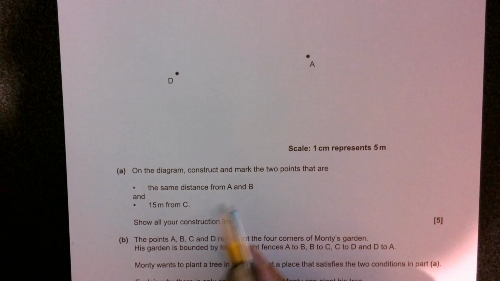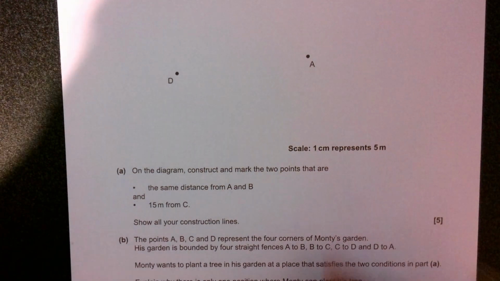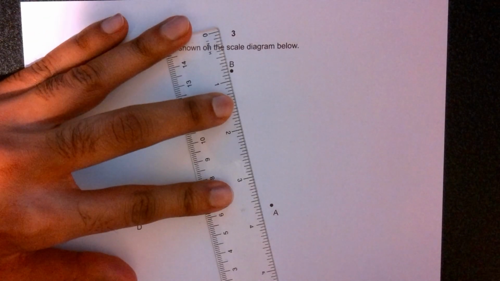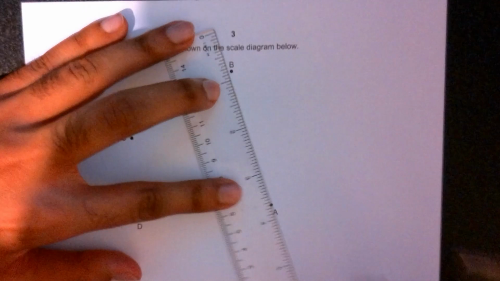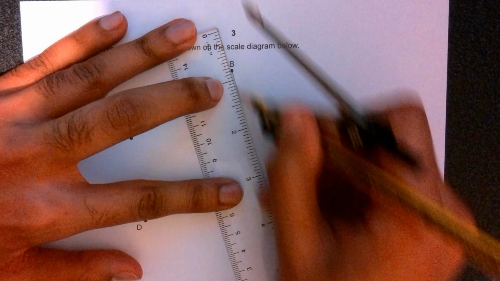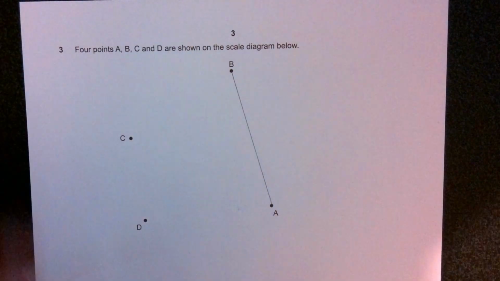Well, if it's the same distance from A and B, what we need to do is construct the perpendicular bisector of AB. So if we begin by doing that, we've got AB shown here, and what we need is the perpendicular bisector of that.